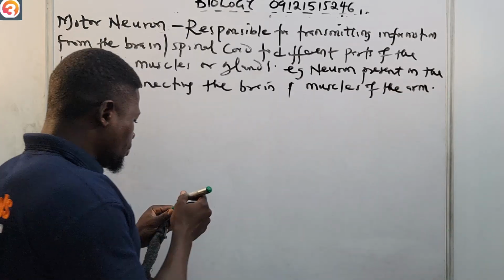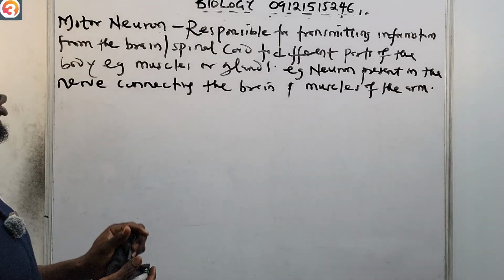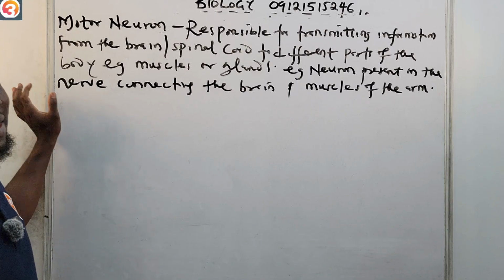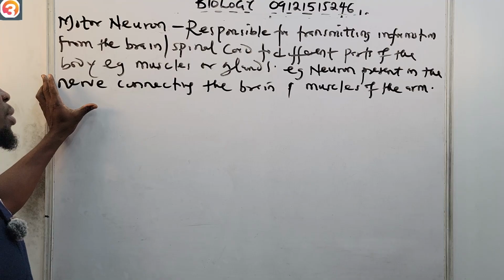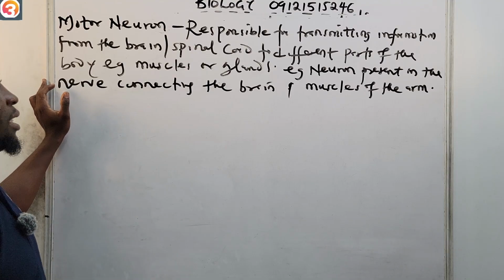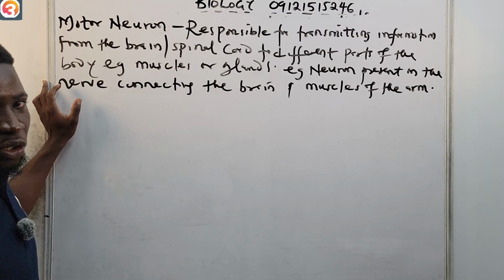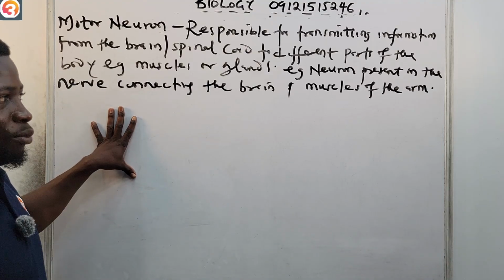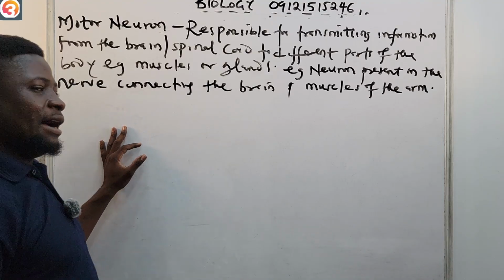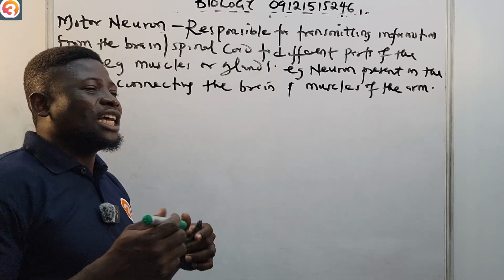So that is an example of a motor neuron. It's responsible for transmitting information from the brain or spinal cord to different parts of the body, such as the muscles and the glands. Now that takes us to the last one.